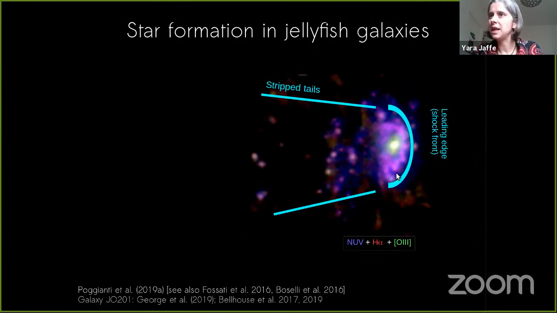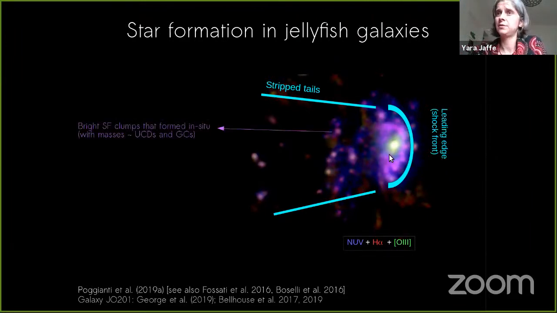This is the side of the galaxy that is interacting with the ICM. Opposite to this side of the galaxy, we have the stripped tails. This indicates that the galaxy in this case is going from left to right on your screen, towards the cluster center.